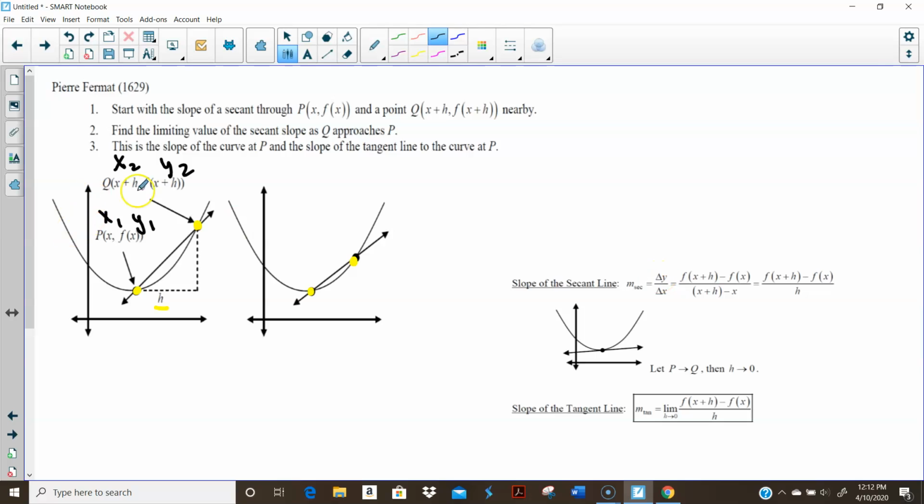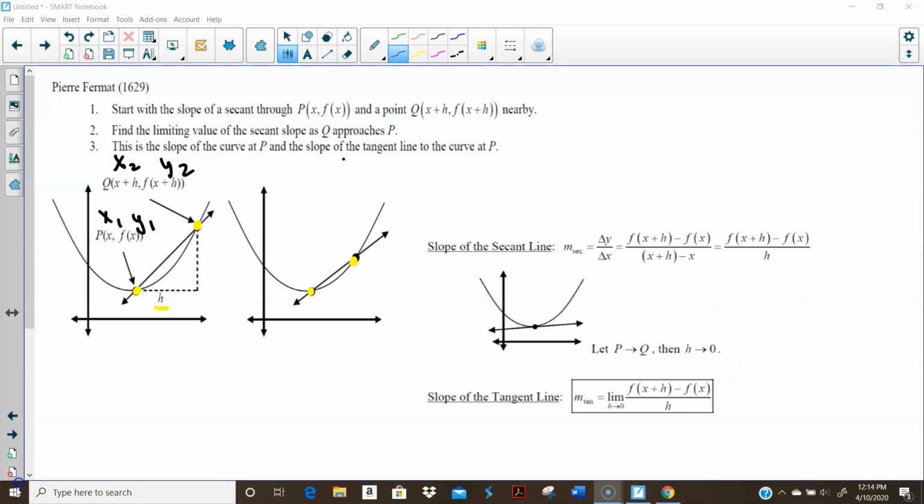Do you see how I would have f of x plus h subtract f of x, which is what we see right here, and then the change in x, which would be x plus h subtract x, which is right down here. And when I simplify that, I get f of x plus h minus f of x over h, because the x and the opposite of x canceled. So we just found the formula for the slope of that secant line.